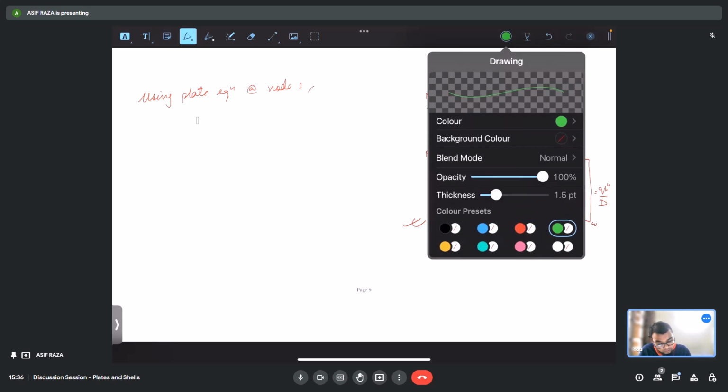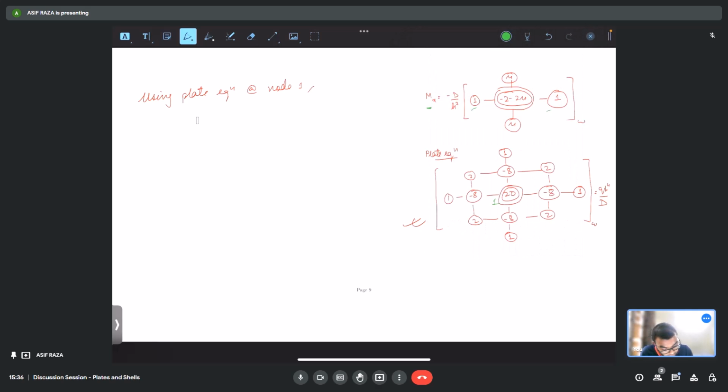So we have node 1 here, 2, 2, 2, 2, these are 3, and these are 4.